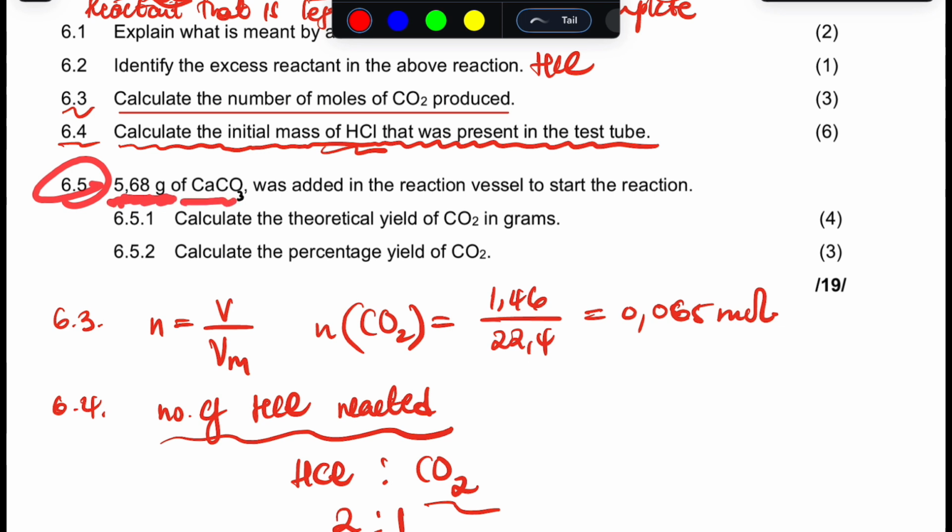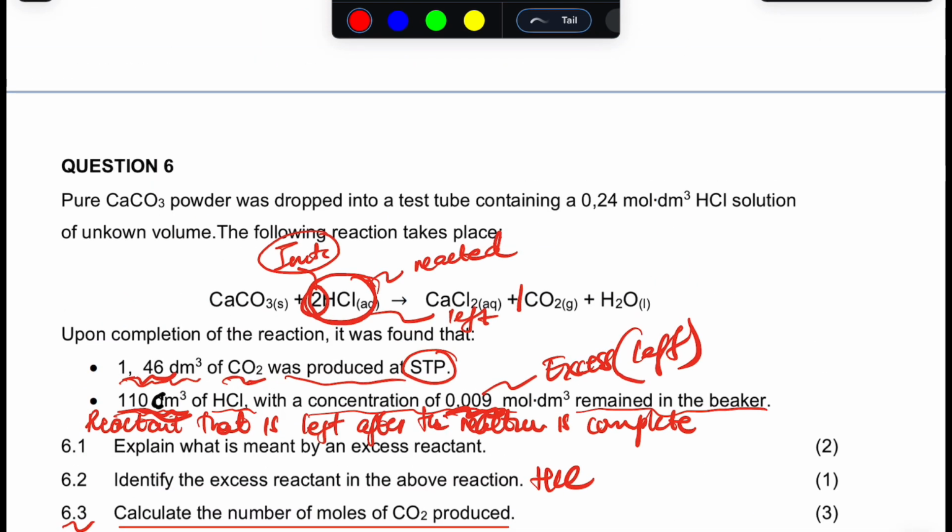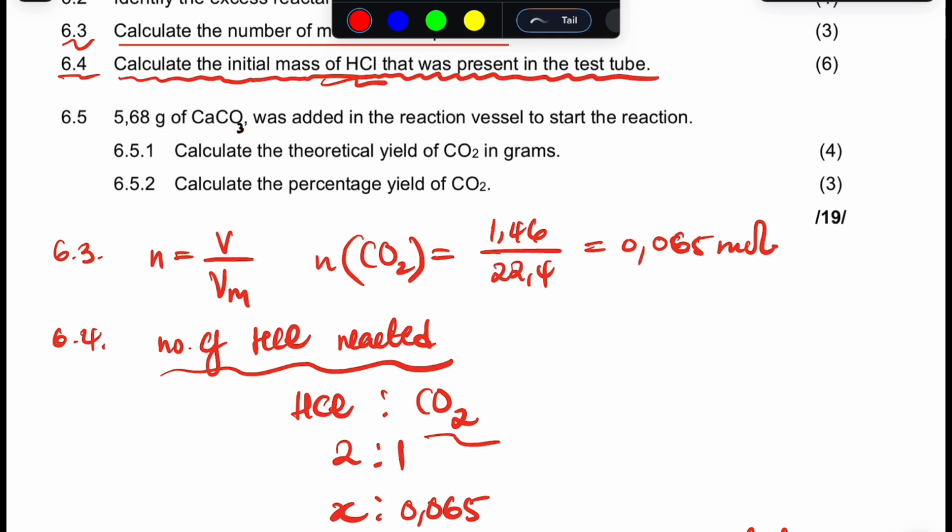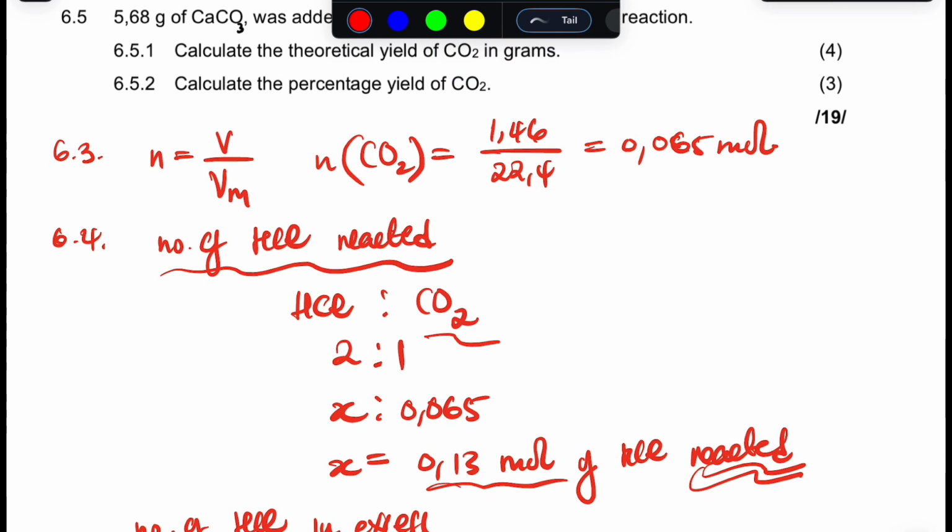6.5 says 5.68 of calcium carbonate was added in the reaction vessel at the start of the reaction. So the mass of this one was added there. Now it says calculate the theoretical yield of carbon dioxide in grams.